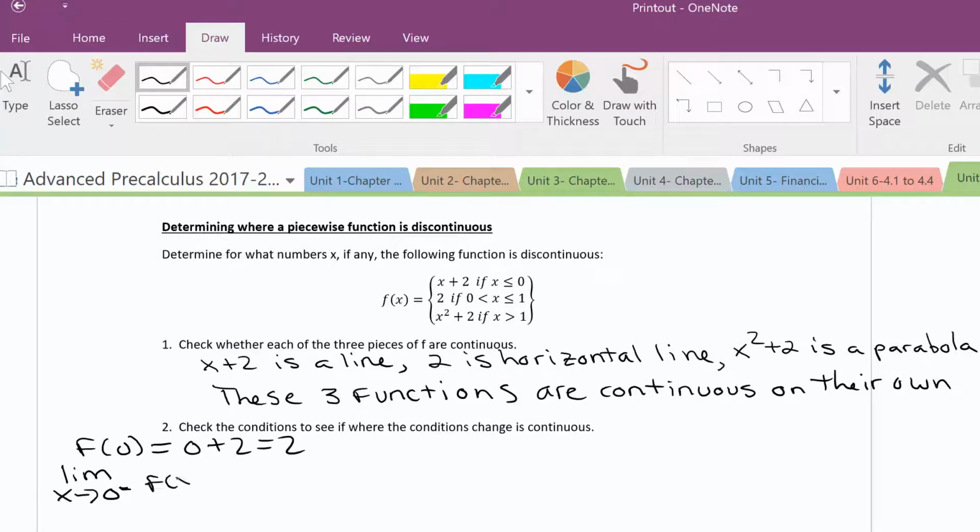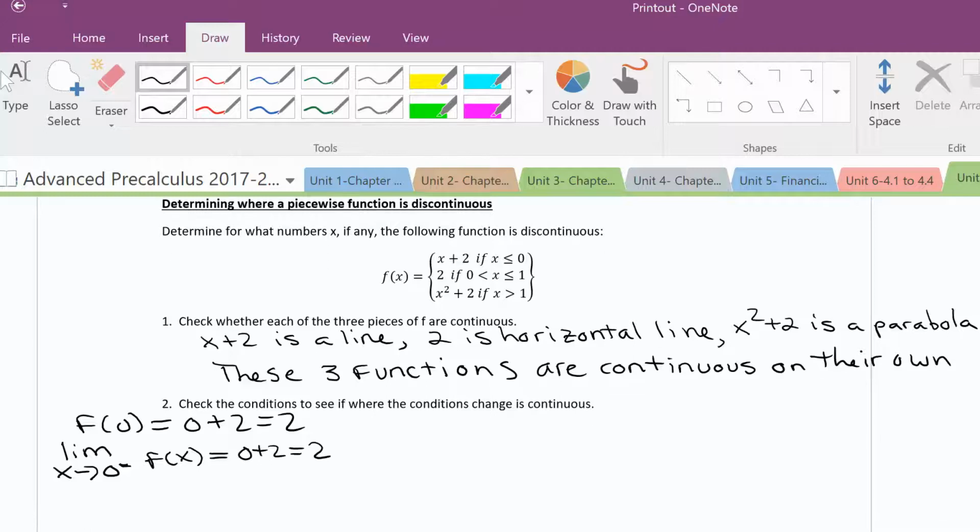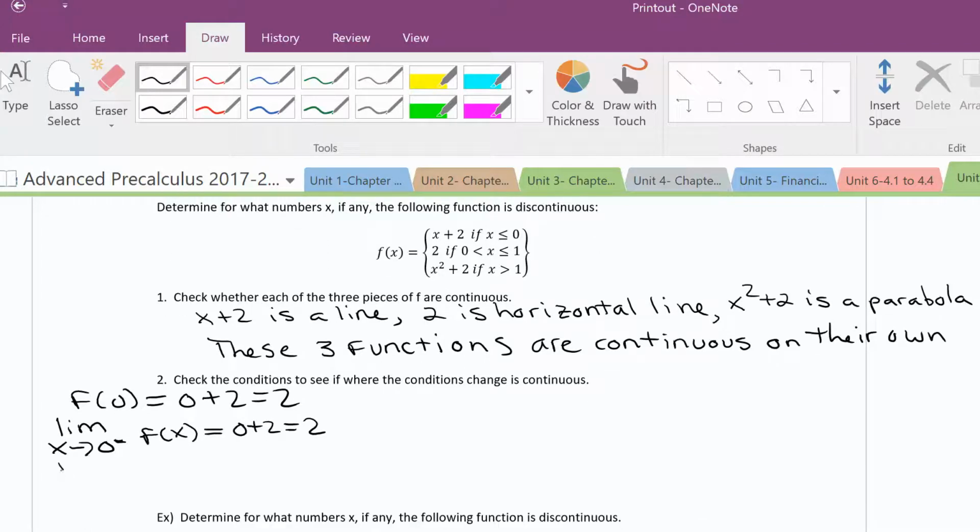So the limit from the left of the function, that's when it's less than 0, so 0 plus 2 is equal to 2. The limit from the right of the function, well, from the right is between 0 and 1, so it's equal to 2.